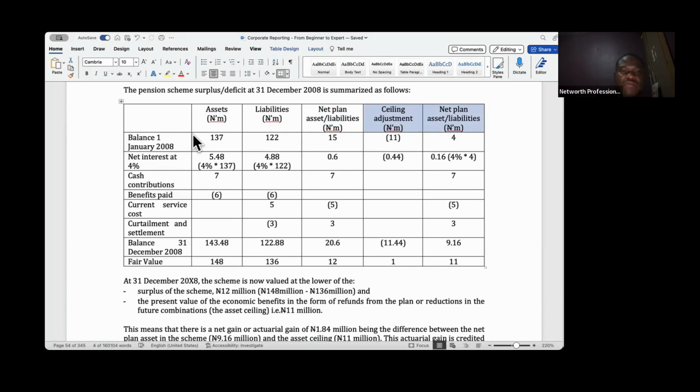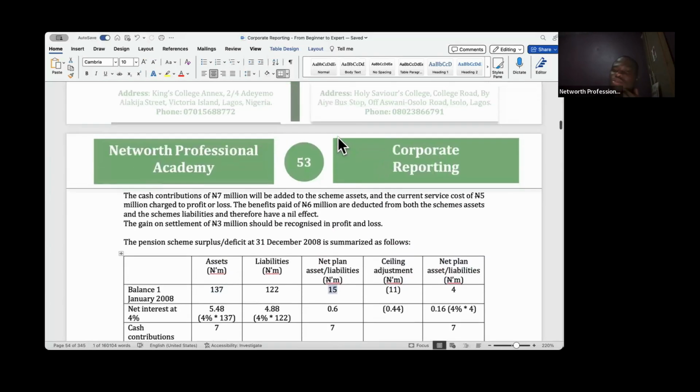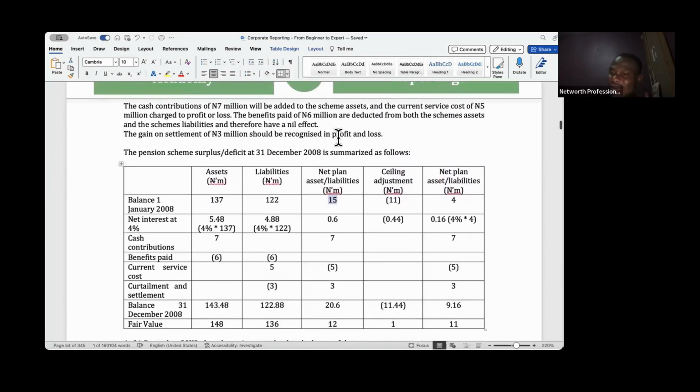So the figures at the beginning, for the plan assets, they gave me 137 million. For the liability, they gave me 122 million. Now, the only reason I'm getting these nets of 15 million is because this question gave me an asset ceiling at the beginning of 4 million. Meaning that, because the asset was higher than the liability, they will have had a surplus.